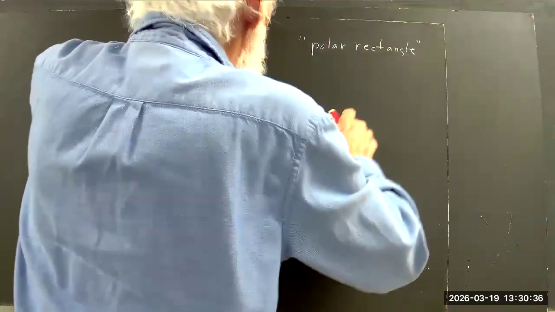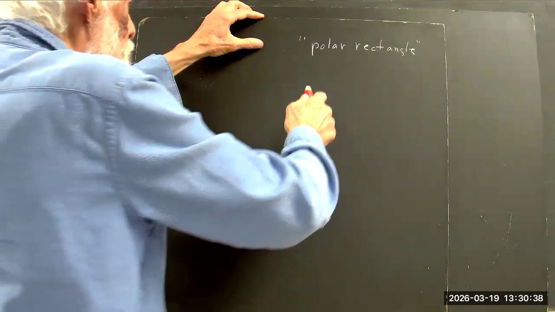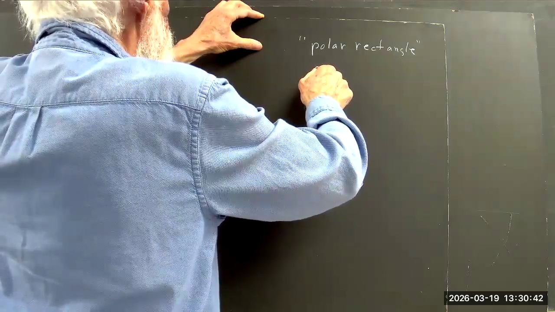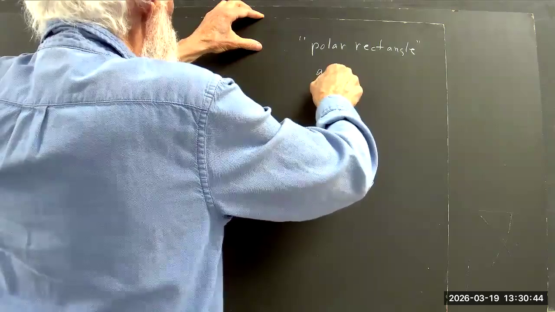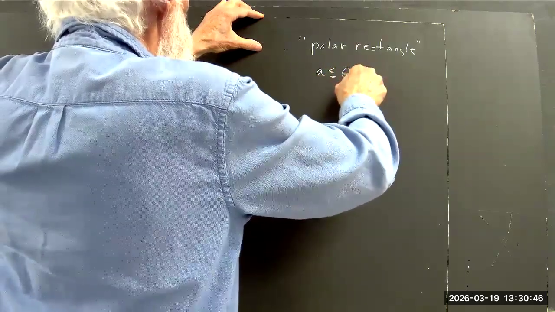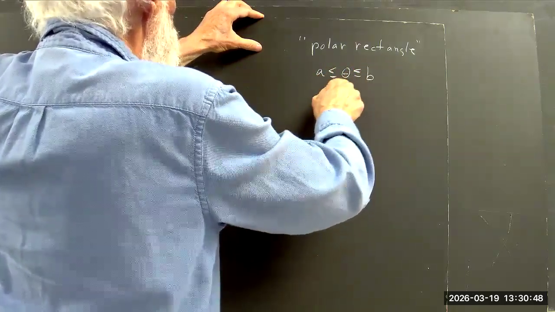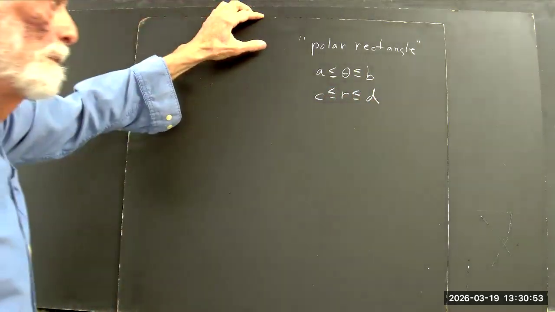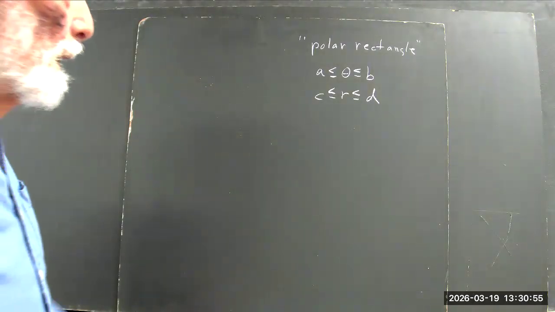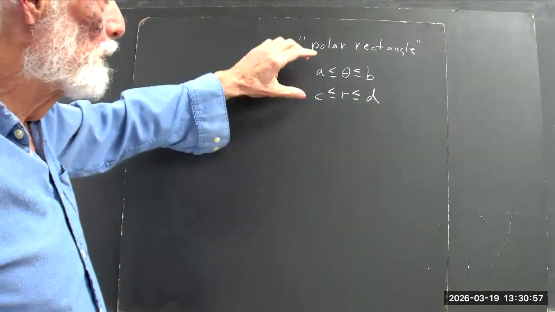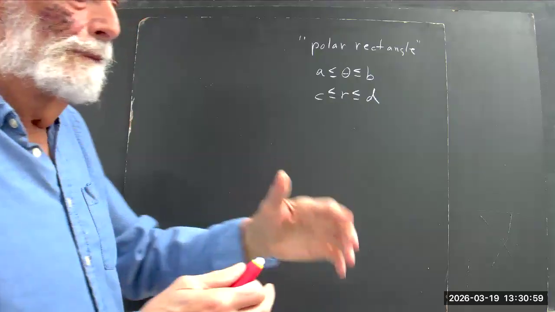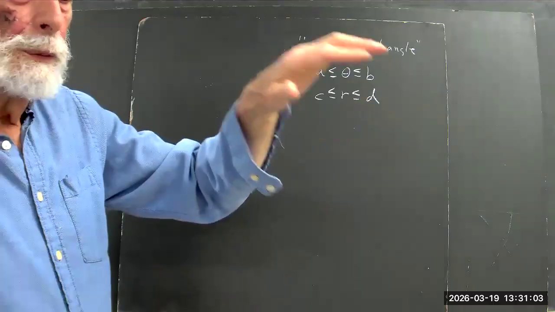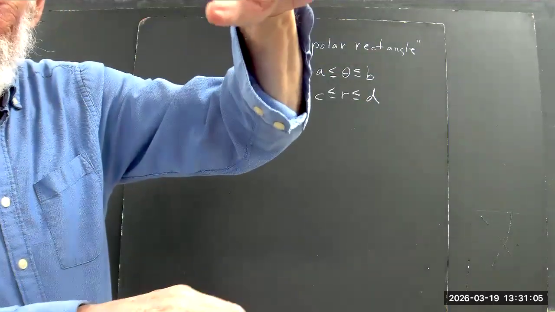polar rectangle is... Okay, if these were X's and Y's, you would see that this is just a rectangle from X equals A to X equals B, Y equals C to Y equals D, right?